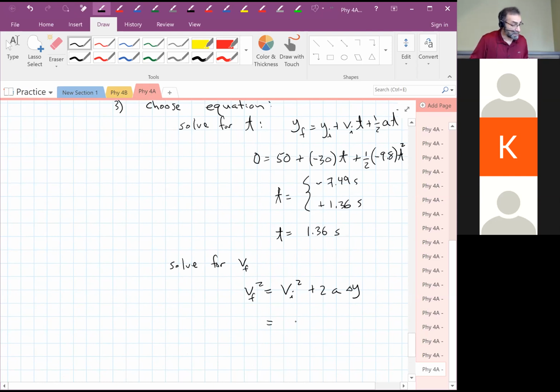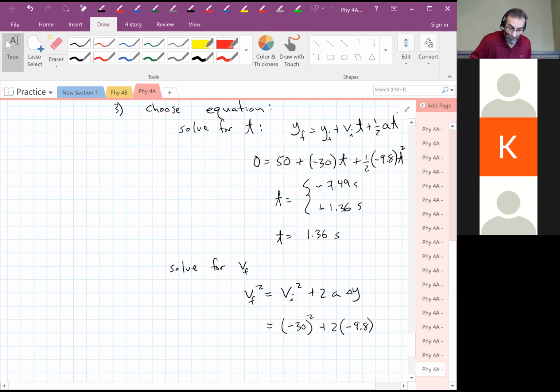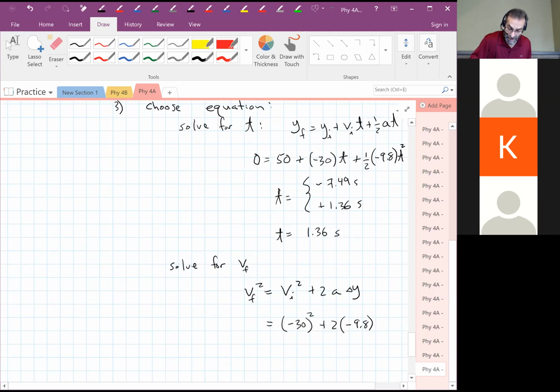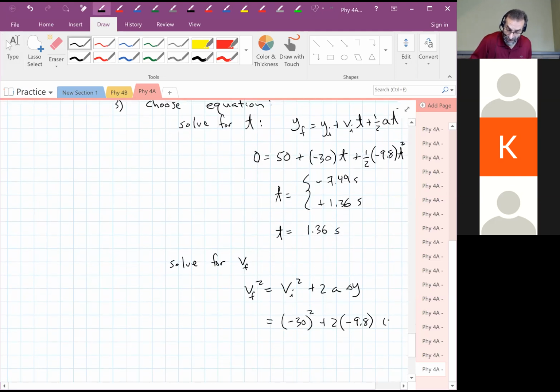V initial was minus 30, right? Minus 30 squared plus 2 times minus 9.8, and delta y is y final minus y initial. This is going to be 0 minus 50, right?